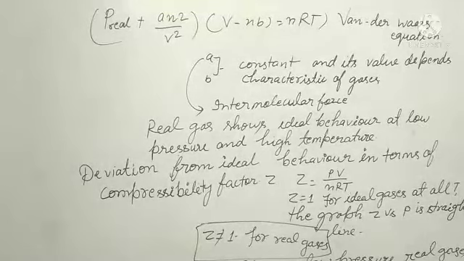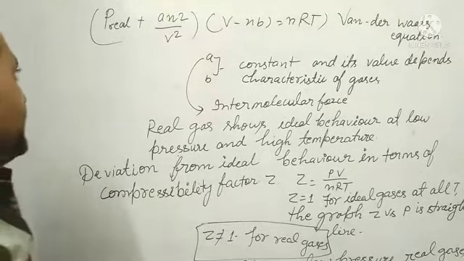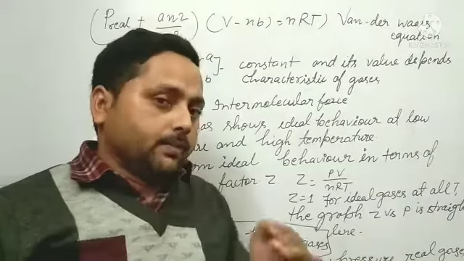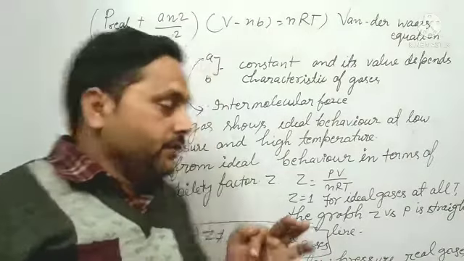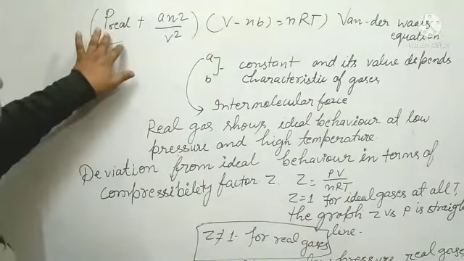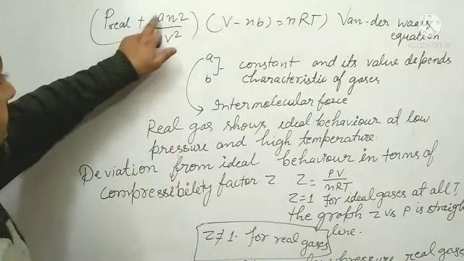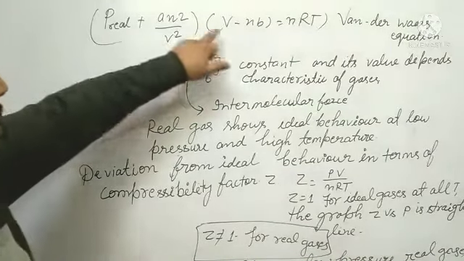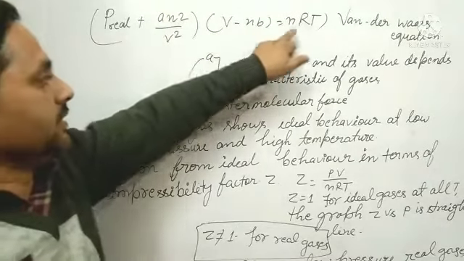So let us see here: for an ideal gas, when we make two corrections, volume correction and pressure correction, we get this equation, P real plus a n square upon V square, times V minus nb, equal to nRT.